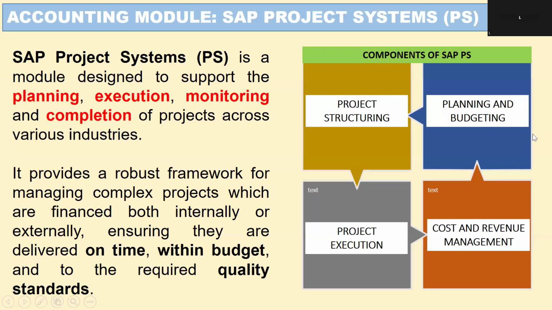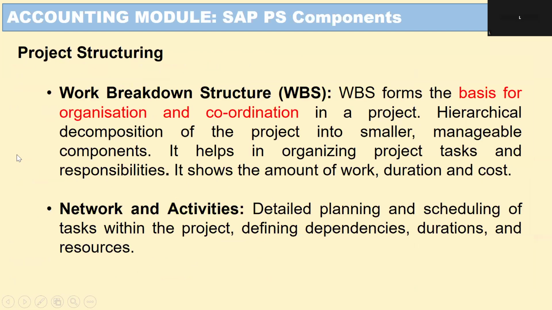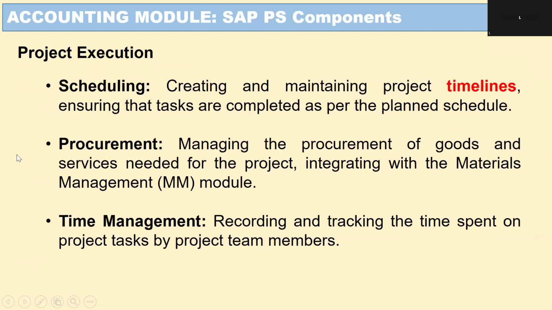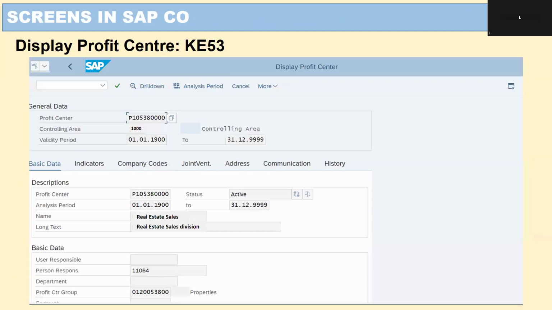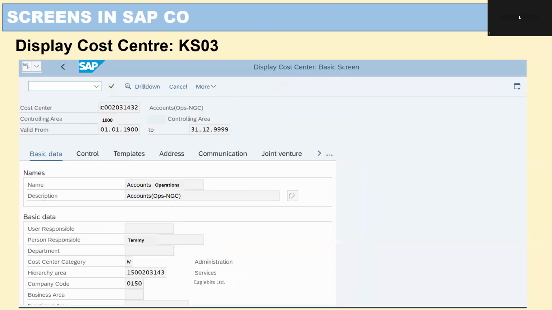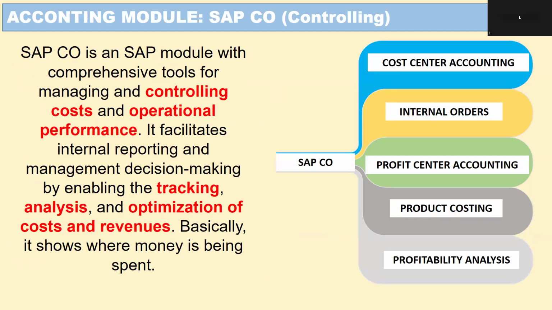So the next module we'll be looking at is the project systems. Just a brief recap of what we have done so far. We have talked about the SAP CO, which is basically just controlling costs and operational performance.